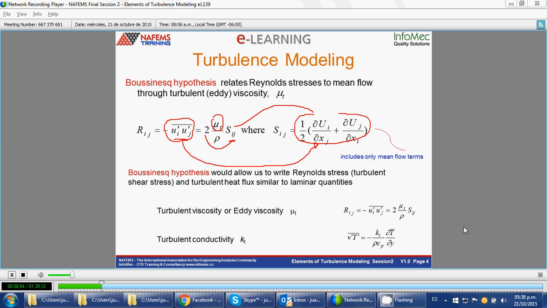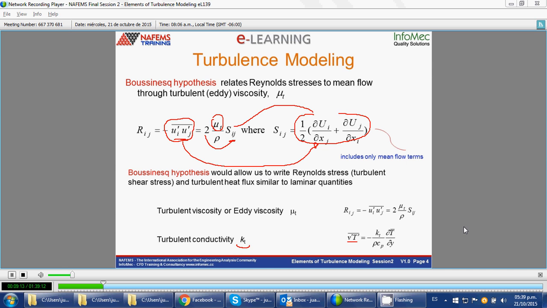The other part is that for the temperature terms, we need something called turbulence conductivity, and we have to have an equation for that as well.